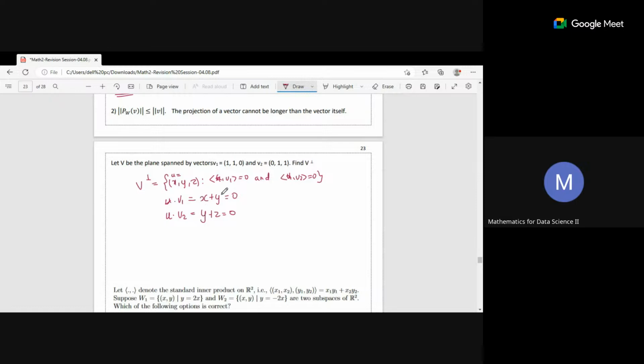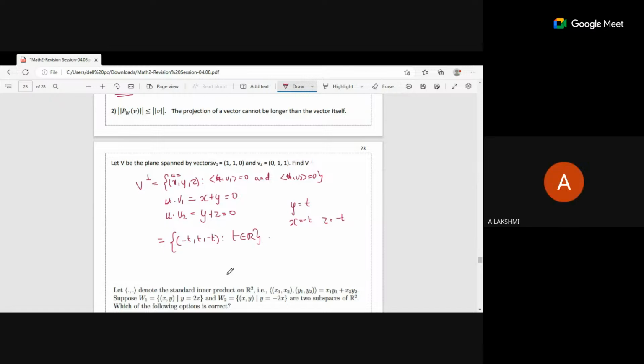This is the system you need to consider. Now from this, what is the vector which satisfies this condition? If you take y to be some t, then your x is minus t, and your z is also minus t. So V perp is the set of all vectors (minus t, t, minus t) such that t is in R.